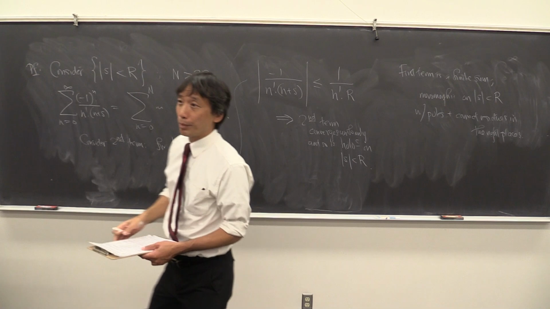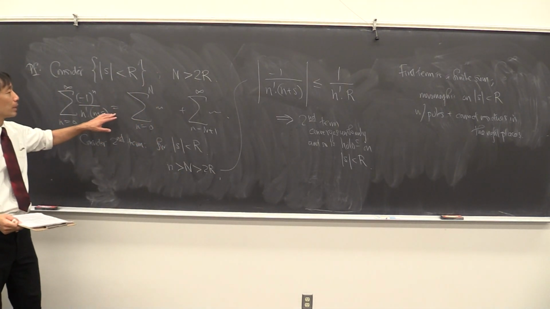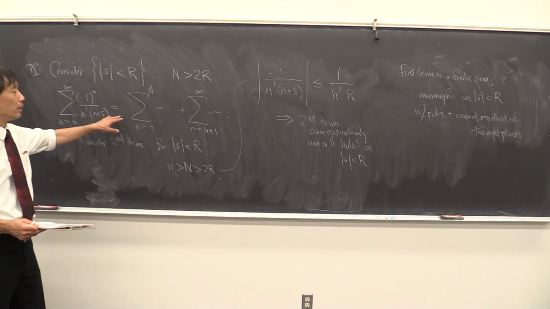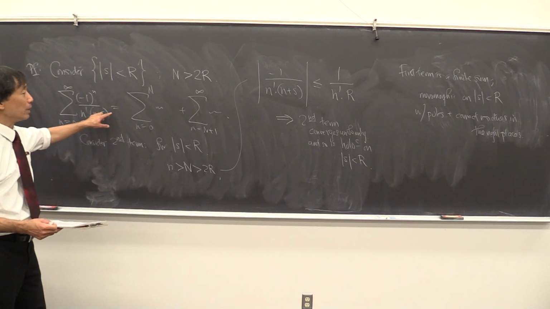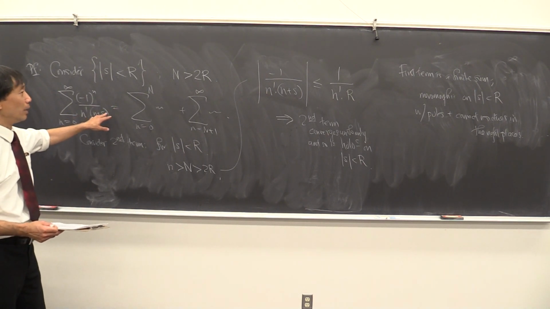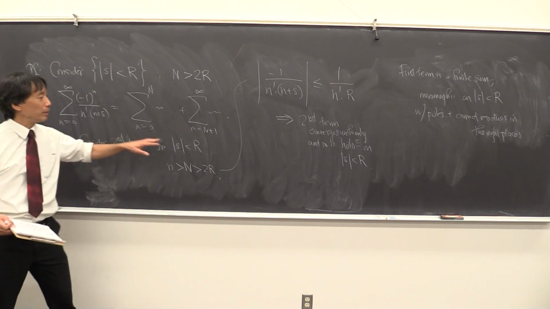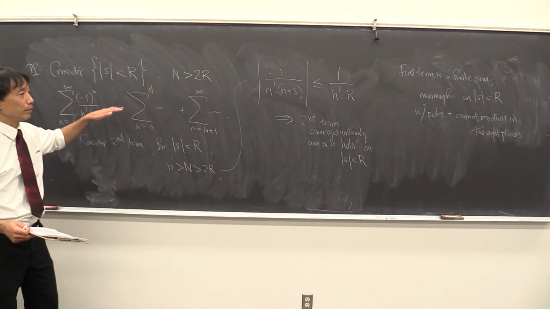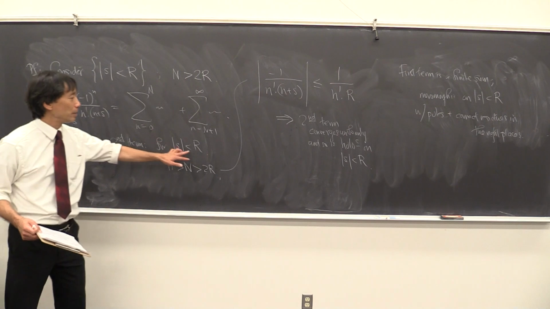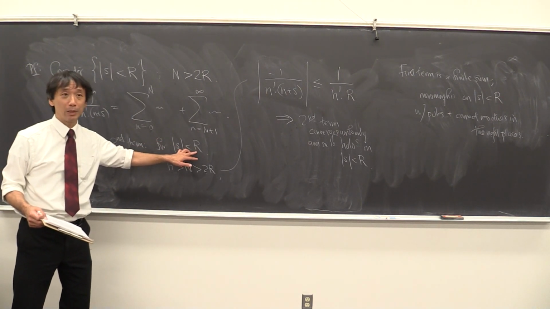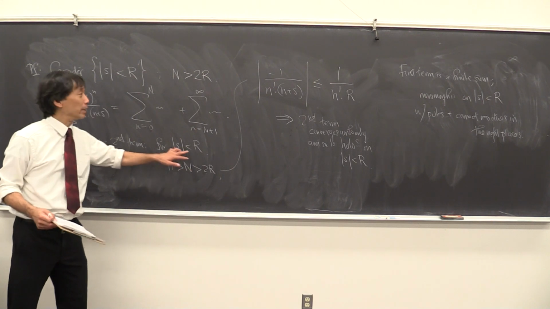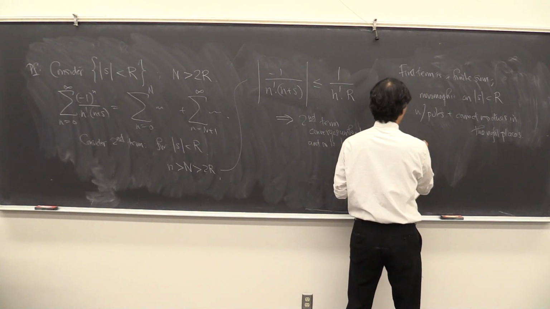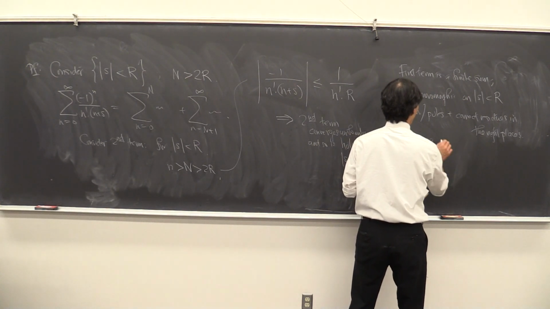Okay, so what does that give you? That gives you that in this disk, this thing is a meromorphic function with poles in the right places. And this disk was arbitrary, since r was arbitrary.